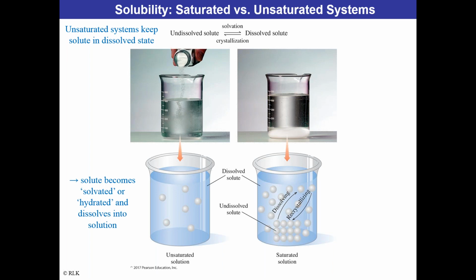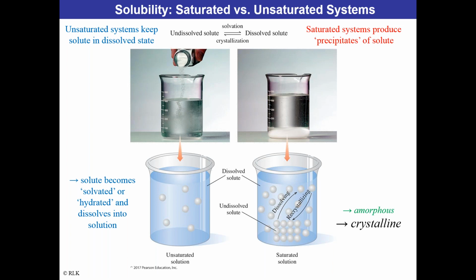So one way to define an unsaturated solution is to describe it as being, hey, look, you don't have additional solutes or additional reaction products, any kind of solid at all that has essentially, quote, fallen out of that solution phase. Solute becomes solvated or hydrated when it dissolves into solution.